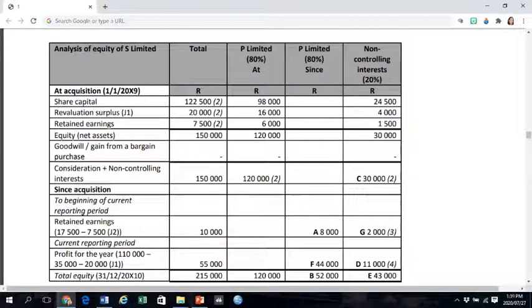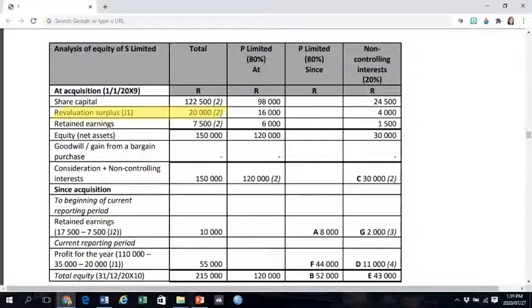This is the analysis of equity of example 7.5. The purpose behind the analysis of equity is to identify, first of all, the equity items of the subsidiary, how much of that is allowed to be in the group, and then attributing that to the parent and NCI. In the at acquisition section, you will see that the revaluation surplus of 20,000 Rand is now included as part of the at acquisition equity.